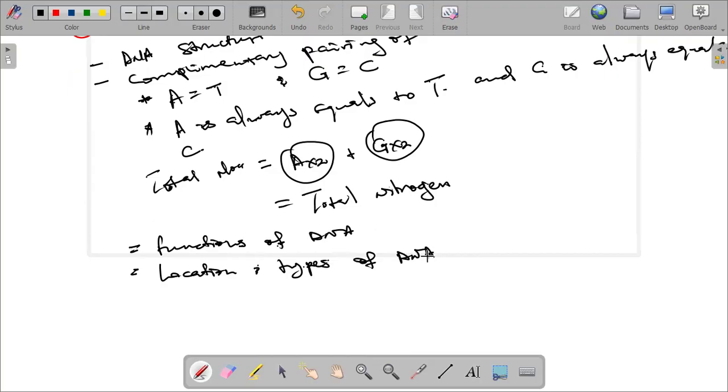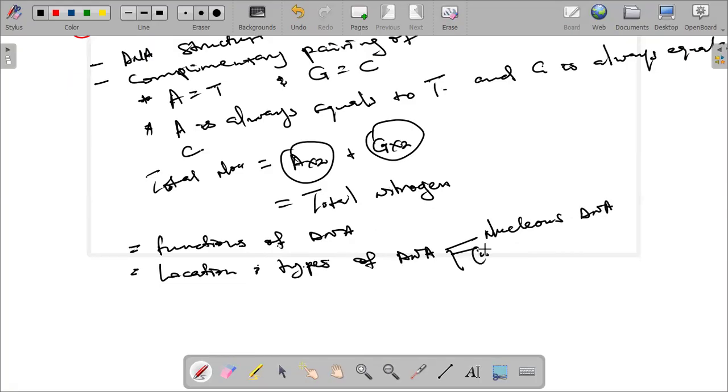You must know the location and types of DNA. We have nucleus DNA, which is the type and location again.